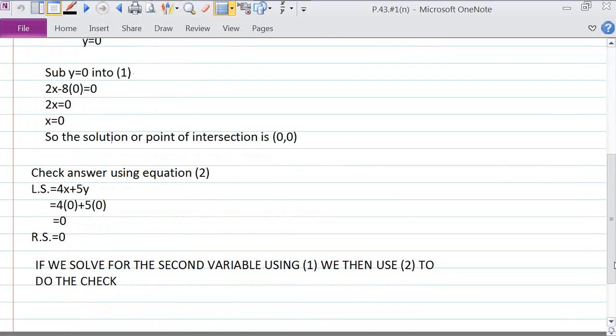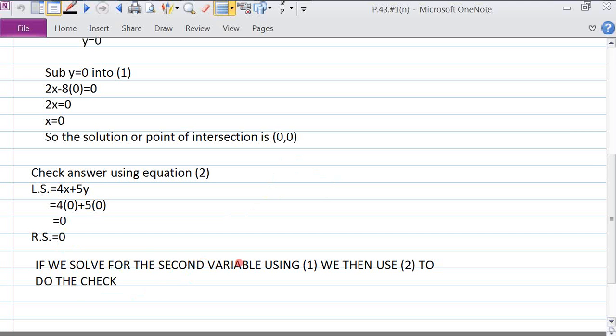We replace the x with the 0 and the y with the 0. We sum these terms. This is 0 and that's 0, and we get a total of 0. And the right side of the equation was 0. So we've shown that this point fits this equation, so the answer is correct.